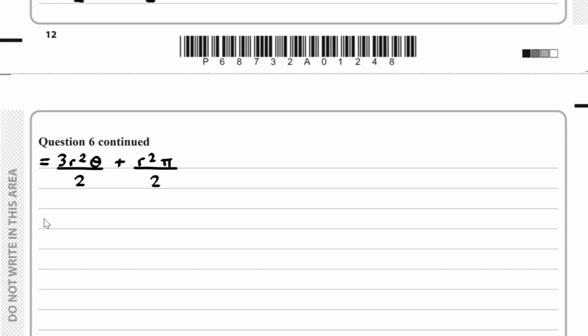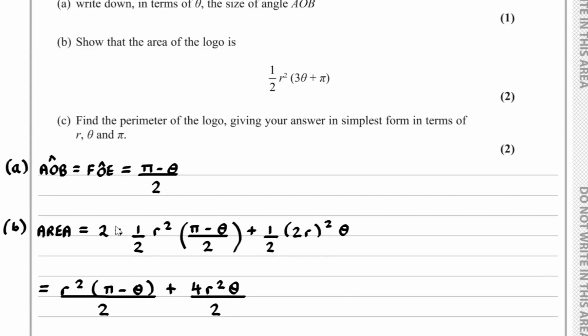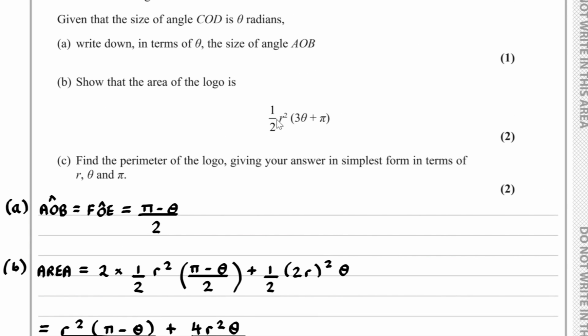And if we tidy all of this up, you can see then the area is equal to r squared lots of 3 theta plus pi all over 2. So this is what the area is equal to, exactly what we wanted to show.